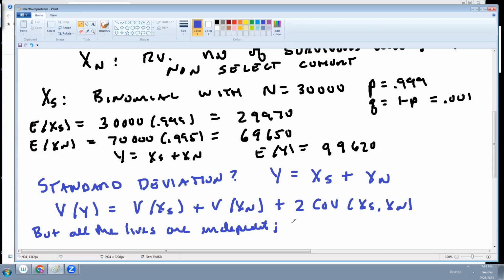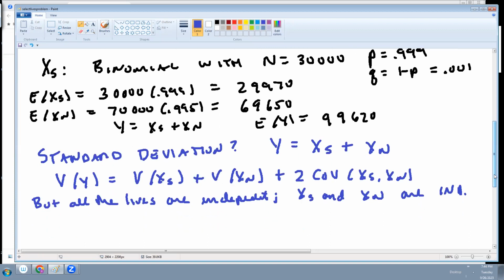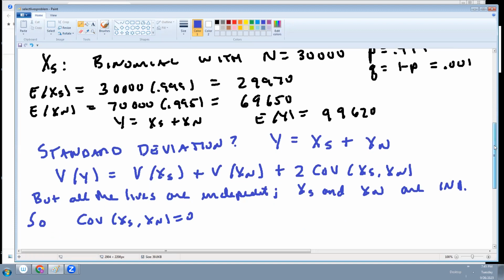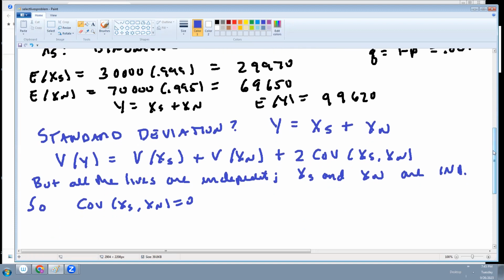In particular, these are independent also. So the covariance is 0 here. So the variance is actually going to be a simple sum.